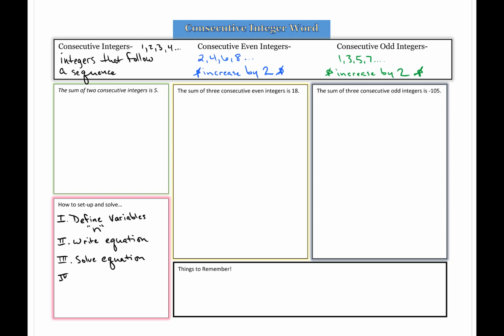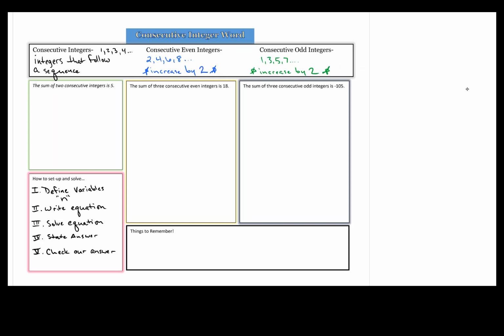Fourth, we've got to state the answer. And when doing that, we have to make sure that we answer the question. And the last thing that we do, of course, you probably guessed it, we're going to check our answer. So let's walk through a couple of examples.